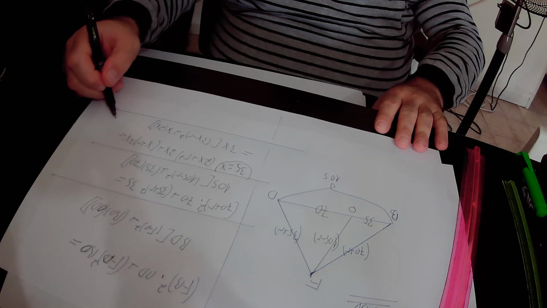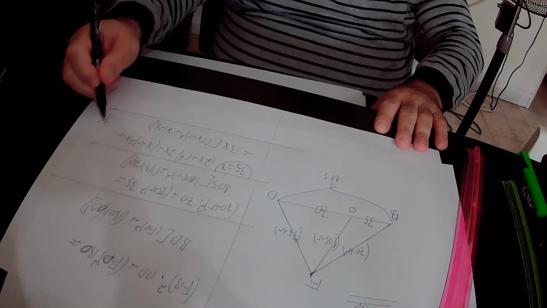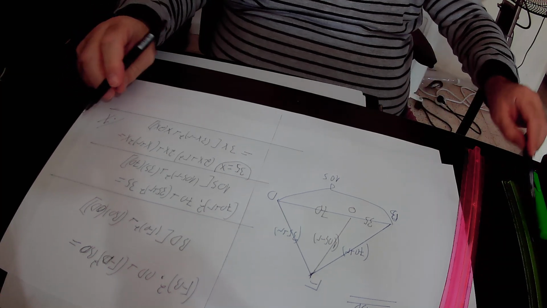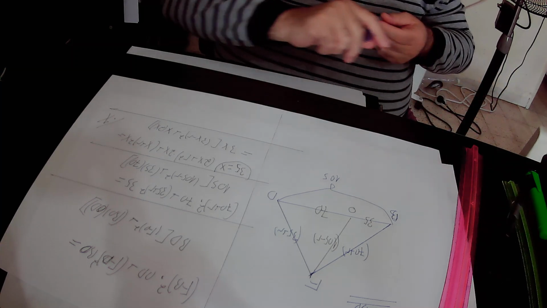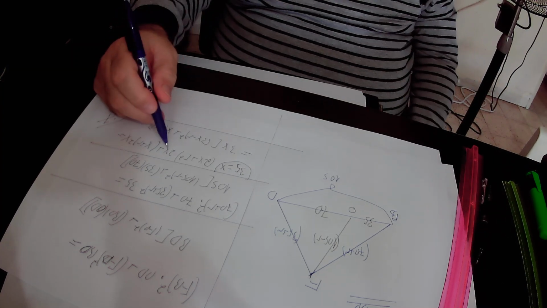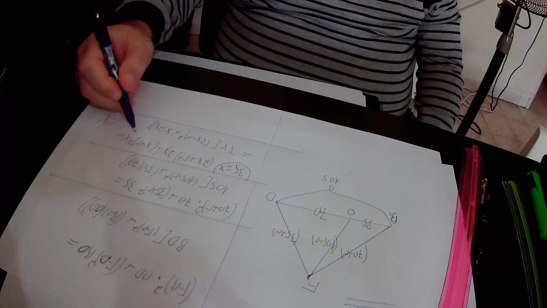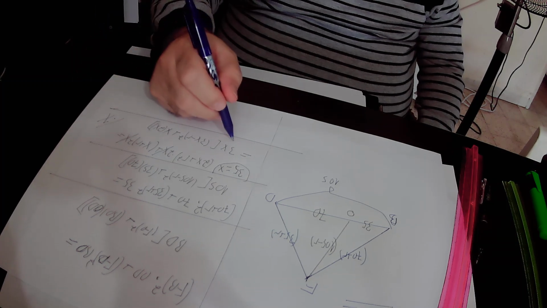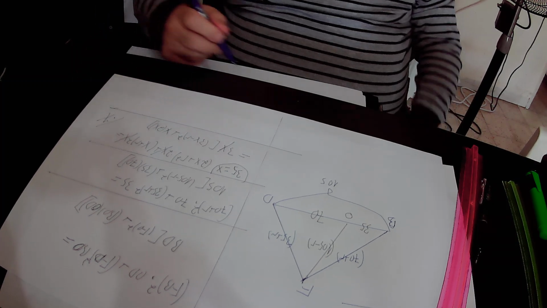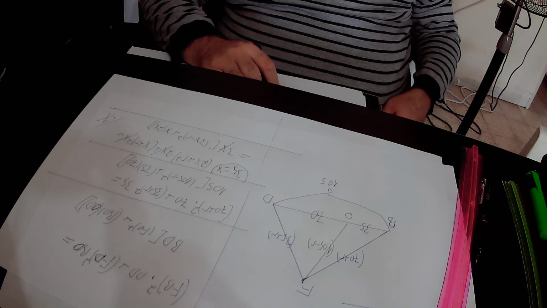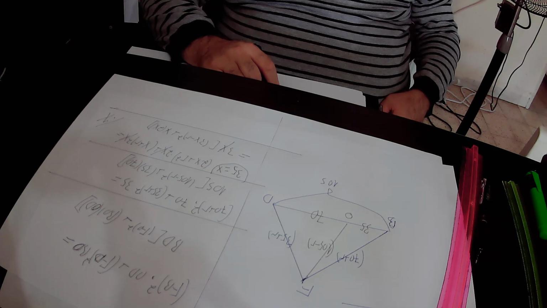So here we'll divide this equation by x. So x will get cancelled here, here also, and here also. So what is left from this equation after we cancel x?